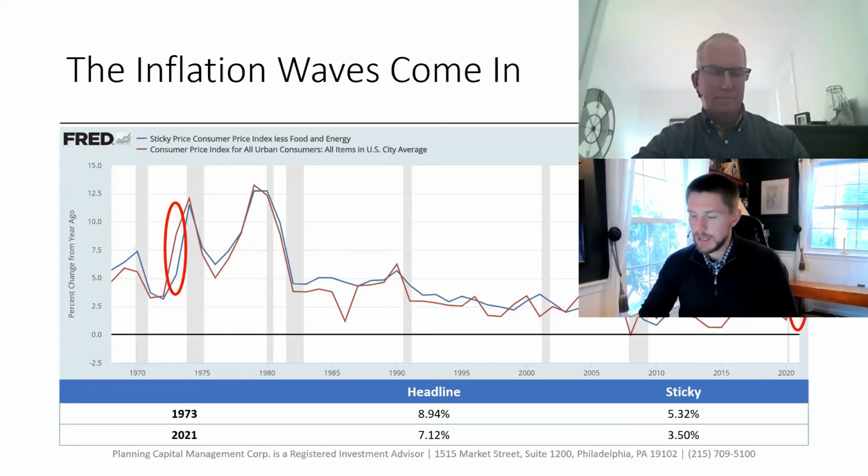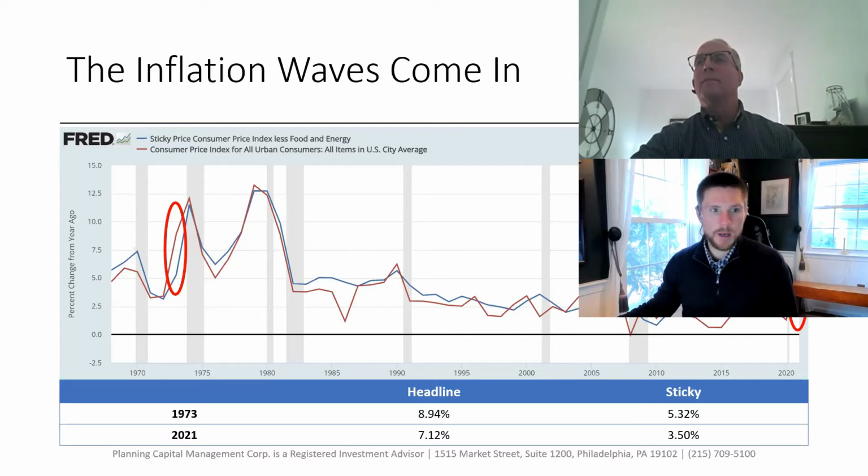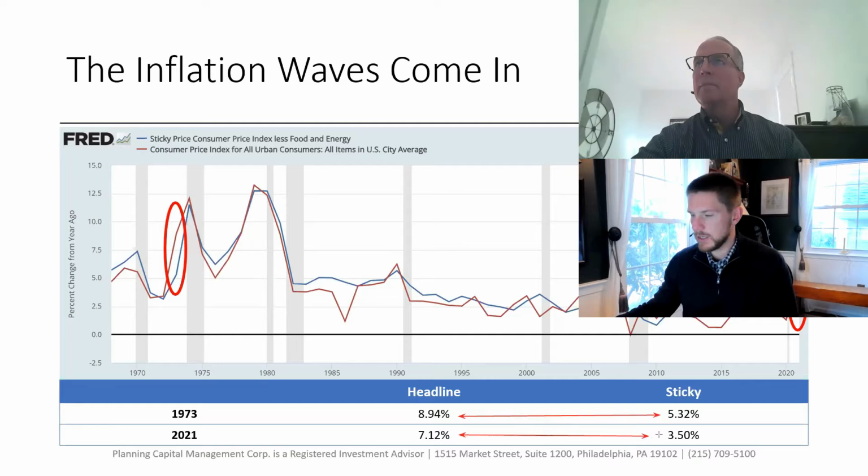And in 73, it was really the last time that we saw a dispersion between the headline inflation and the sticky inflation by this magnitude. So the headline inflation last year was twice what the sticky inflation was, and in 1973 it was just shy of twice what the sticky inflation was.